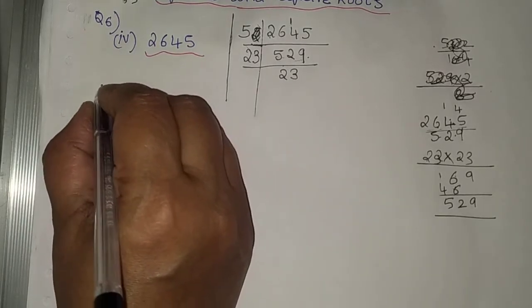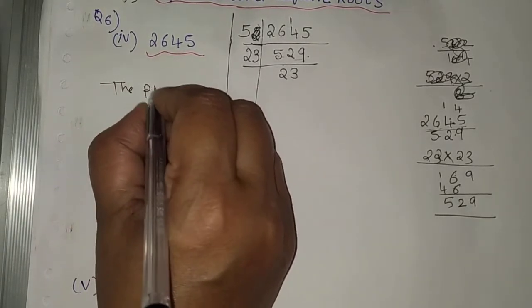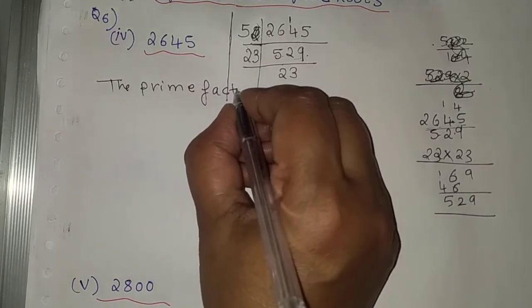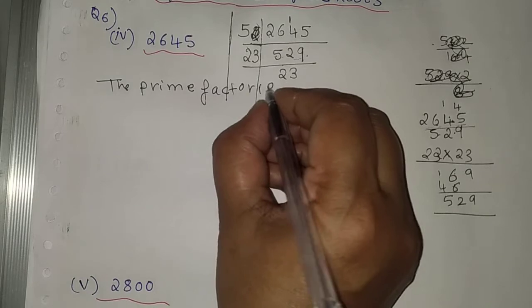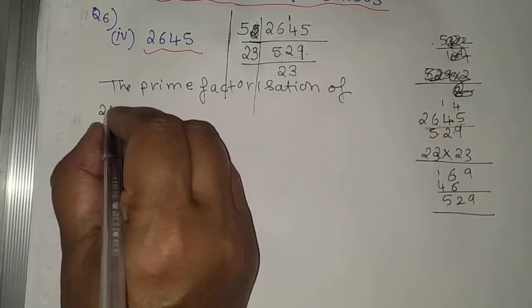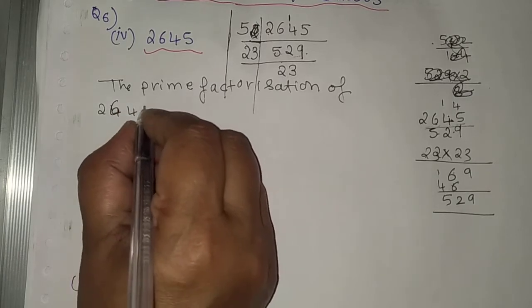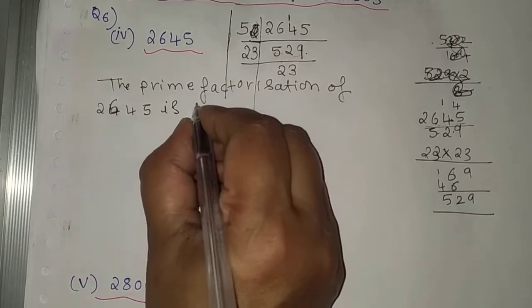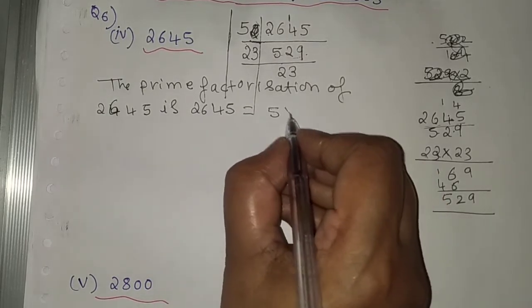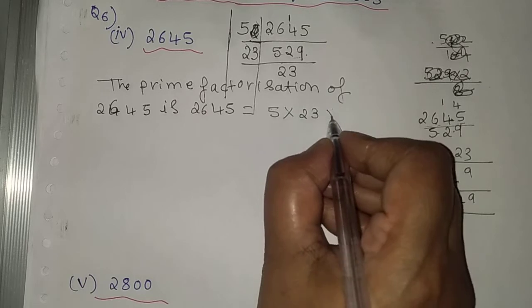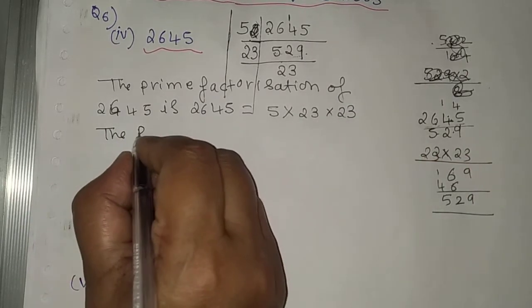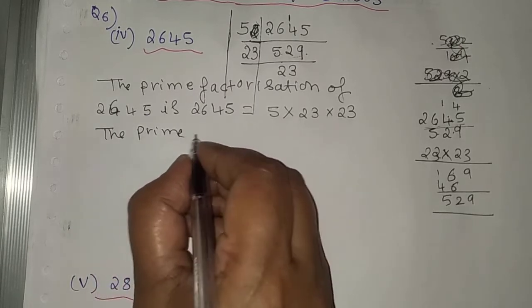So the next step is prime factorization. Prime factorization of 2645 is 5 into 23 into 23.